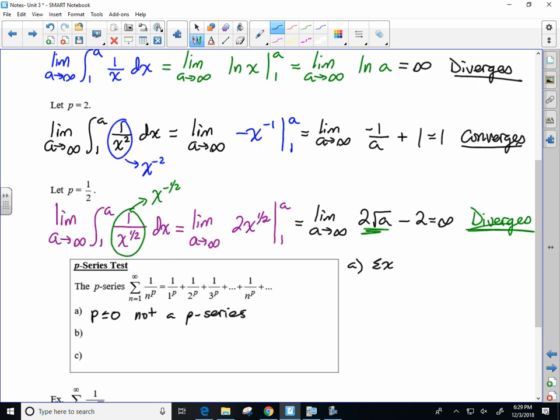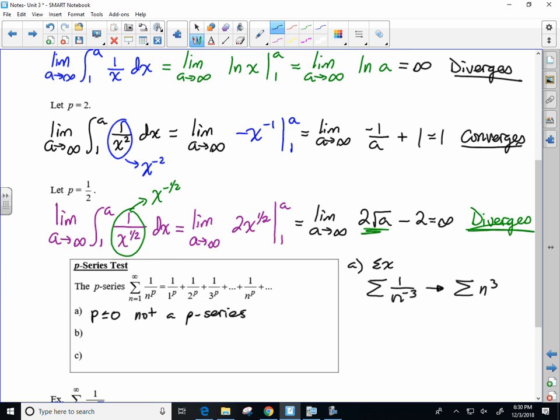If you had something like the sum of 1 over, I guess it doesn't matter, I'll just do n to the negative third power. That's the same as the sum of just n to the third power, right?